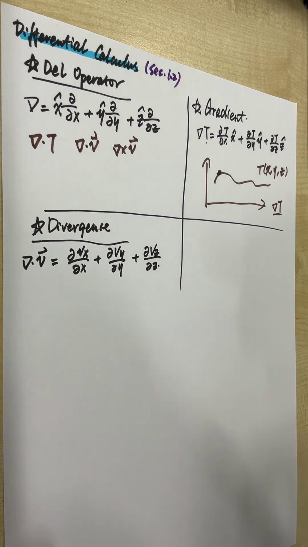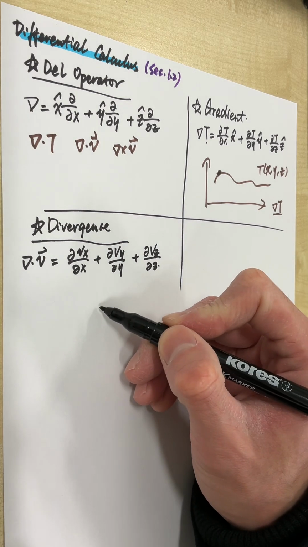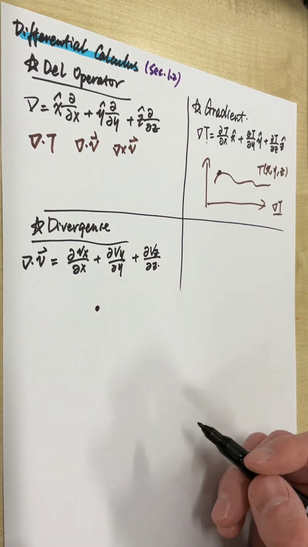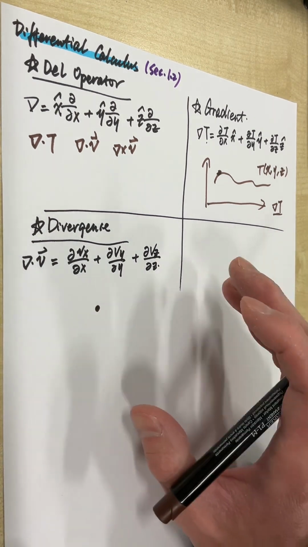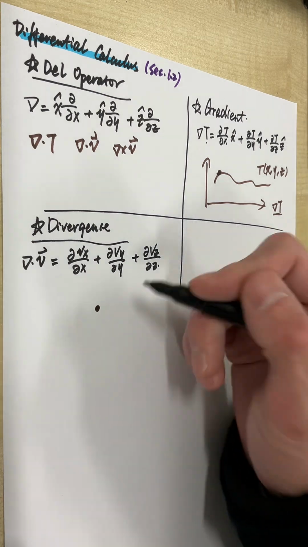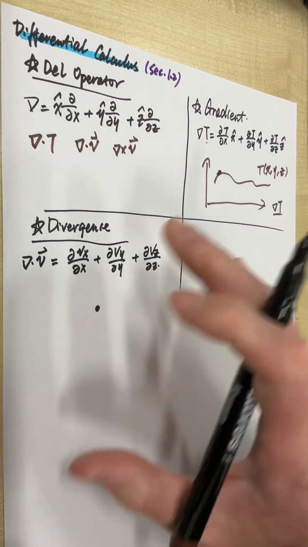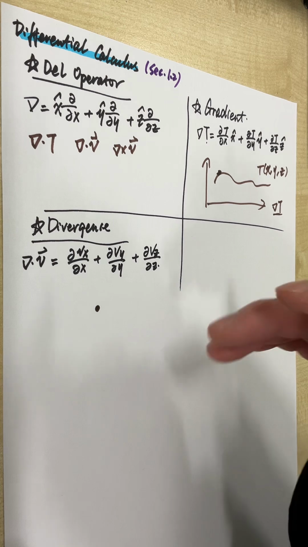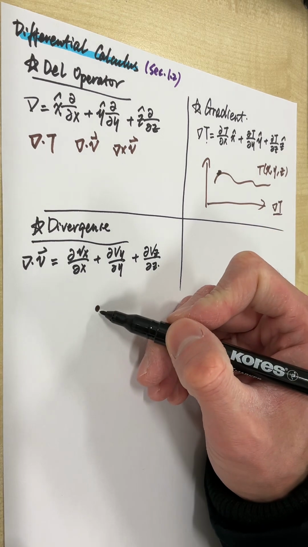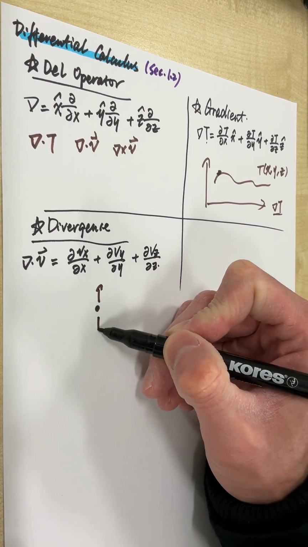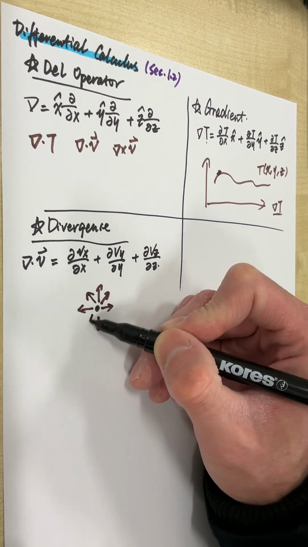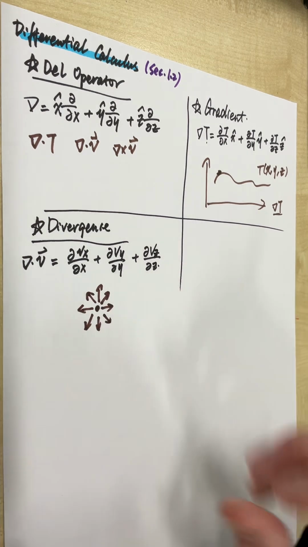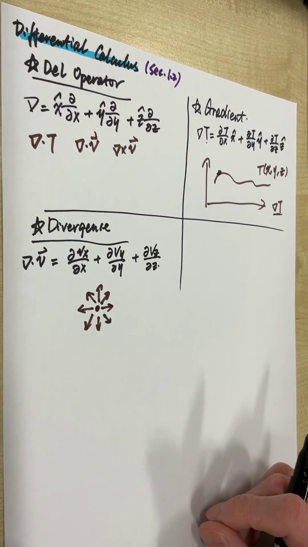So what does this look like? If I have something here in the middle, divergence tells us how a vector spreads out. This has a lot to do with electric field. If I have an electric charge in the middle, the field lines spread out like this.